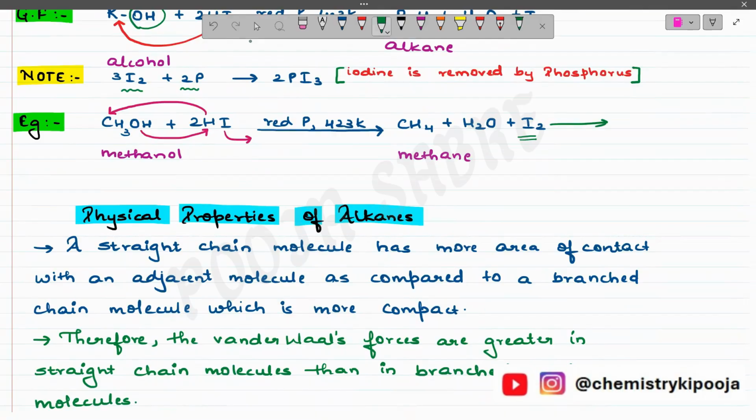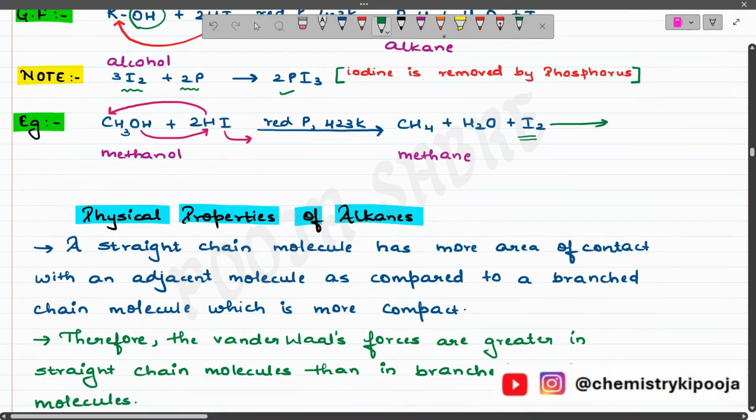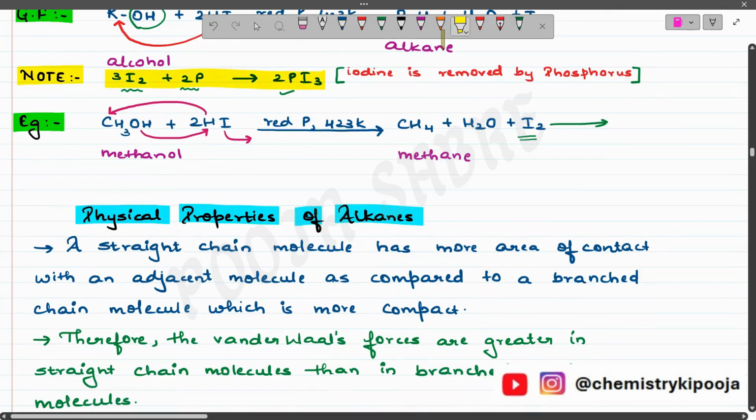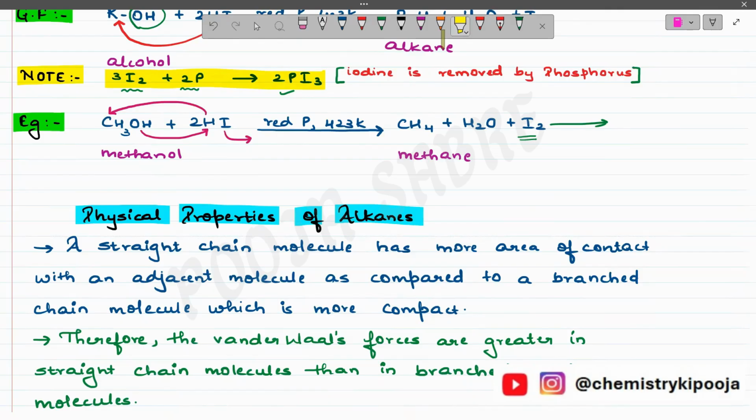That is the reason why we are using red phosphorus, since it removes the iodine from the reaction. Clear? Using the same technique, you can solve n number of reactions.